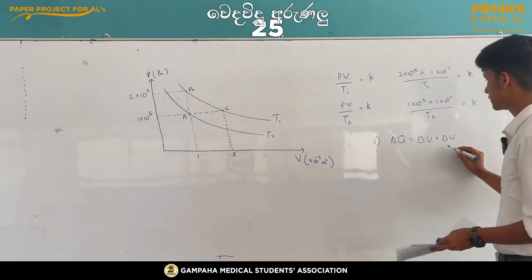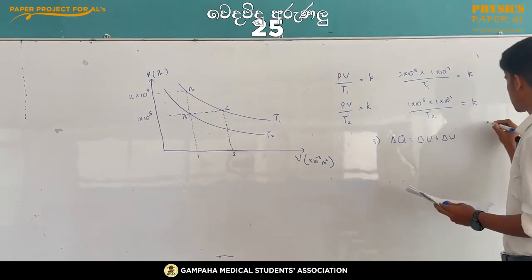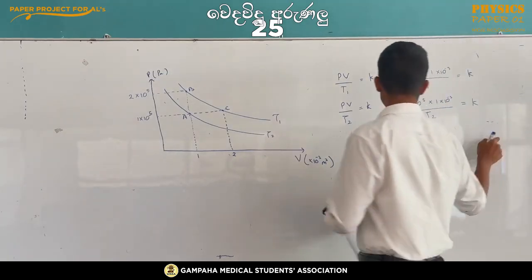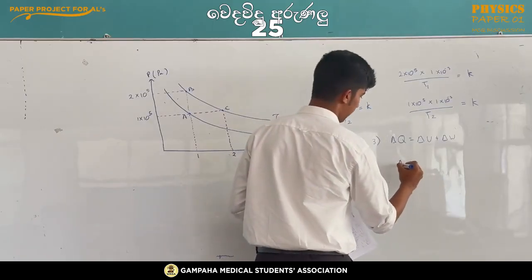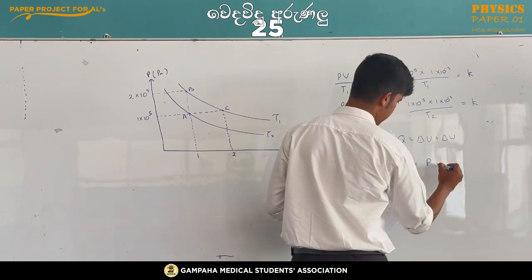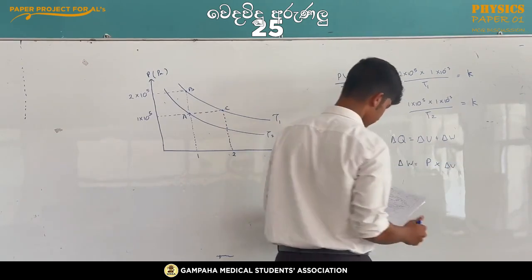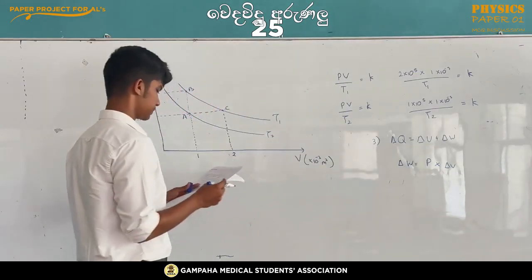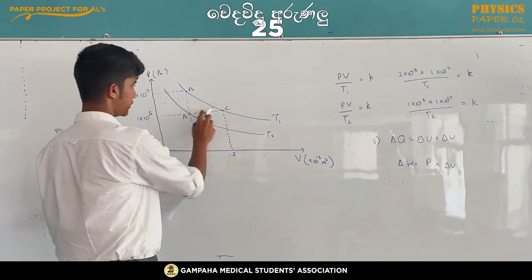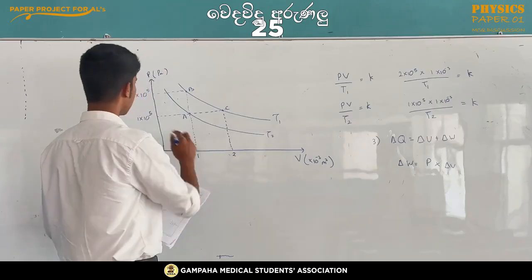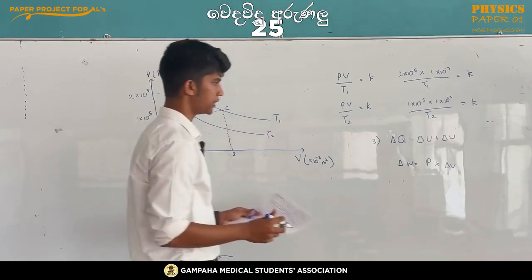So this is the work done, and work done is equal to pressure into change in volume. So when the gas expands from B to C, there is a change in volume and in pressure. Due to this, there is a work done.